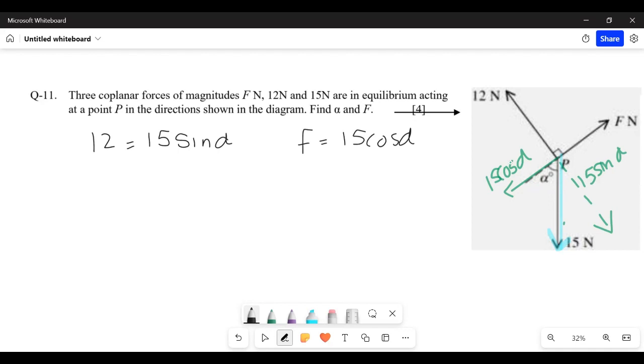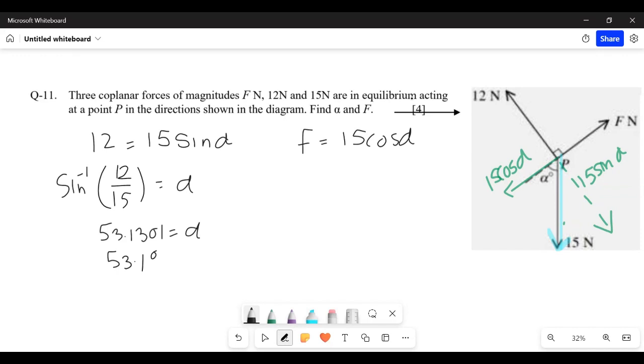So alpha would be sine inverse of 12 upon 15, which gives us 53.1301, rounded to 53.1 degrees.